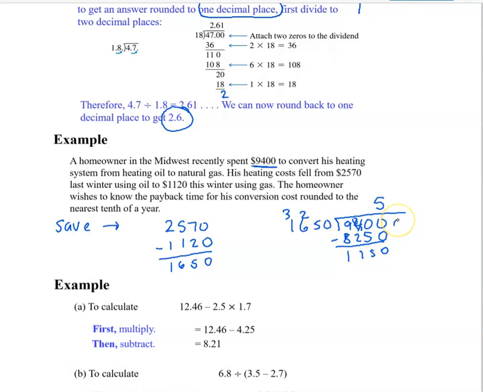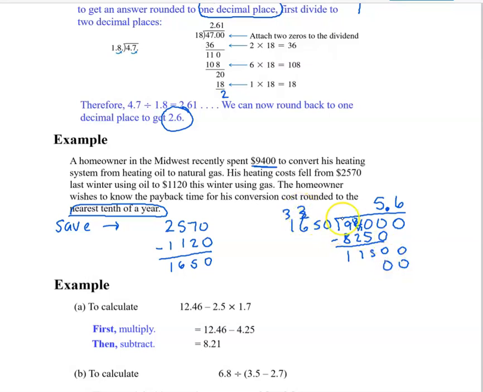So we're going to try the next. We're going to have to add a 0. And keep in mind our decimal is right here. And this says that we can round to the nearest tenth of a year. So the tenth is the first decimal place. So we're going to need 2 decimal places. We do a 6 right here. So I'm going to bring down the 0. 6 times 0 is 0. 6 times 5 is 30.